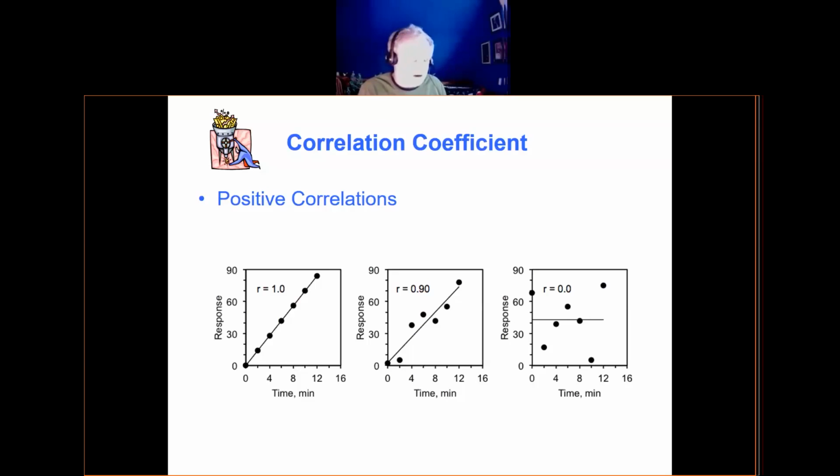If my instrument is reliable, then if they score high the first time, this is the test, they should score high on the retest. The retest would be the Y axis, the X axis would be the test. If my test has perfect reliability, then everyone should fit on a straight line. If they scored low on the test, they should score identically on the retest, and that should happen for everybody.